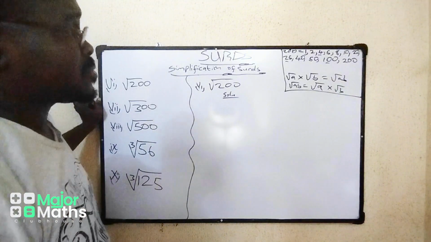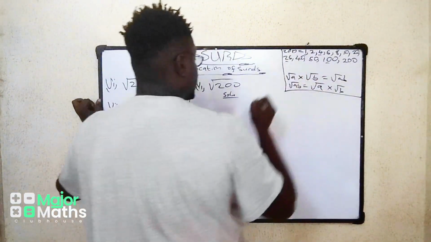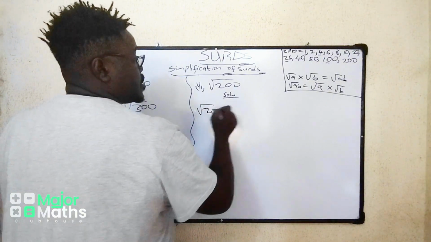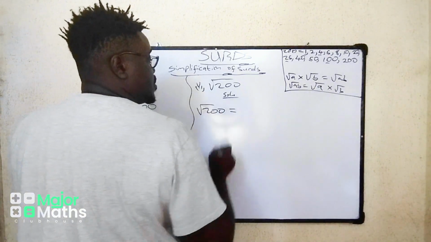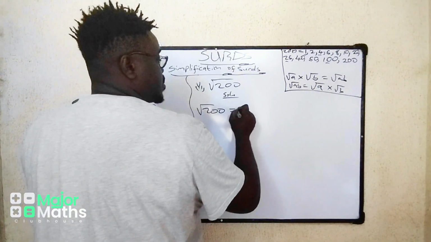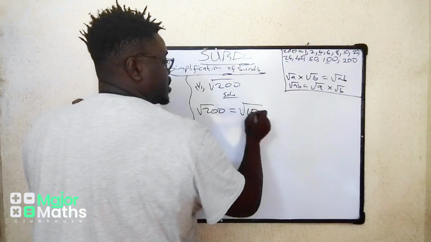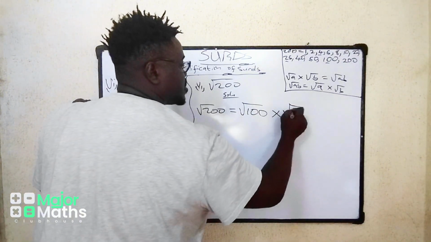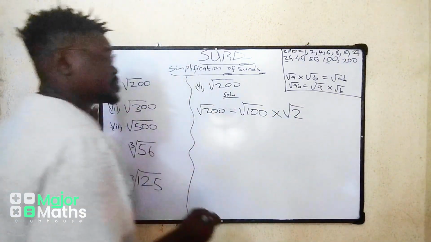And we said that 100 times 2 is 200. So using this multiplication rule, root 200 is equal to root 100 times root 2.